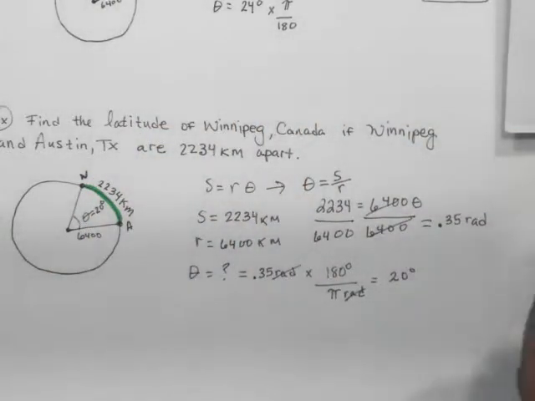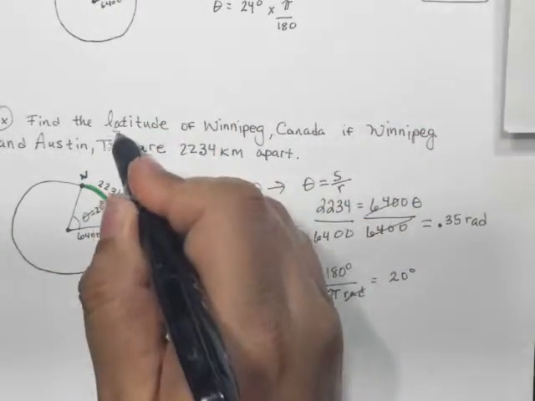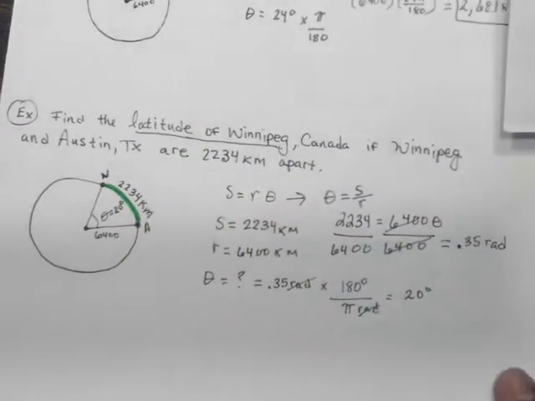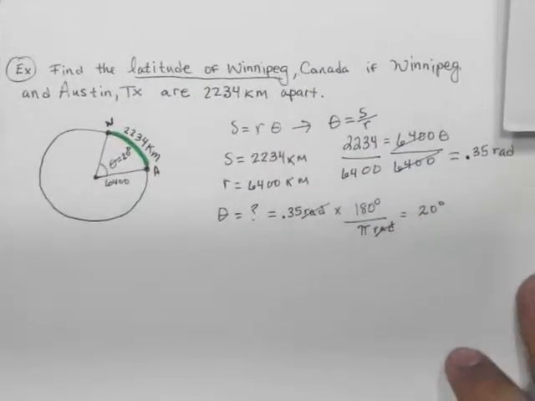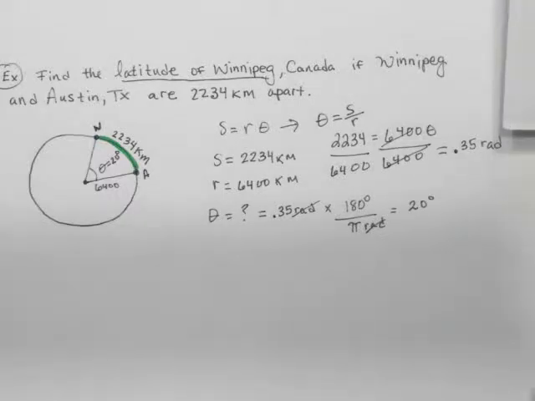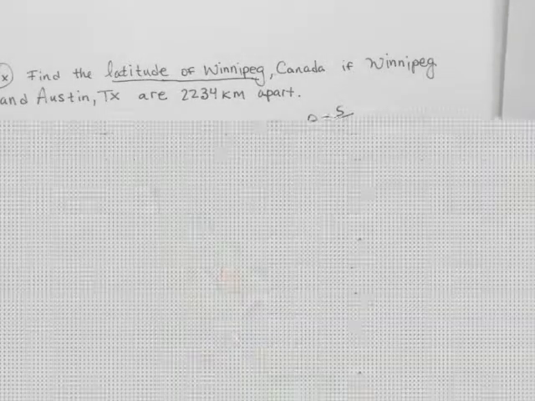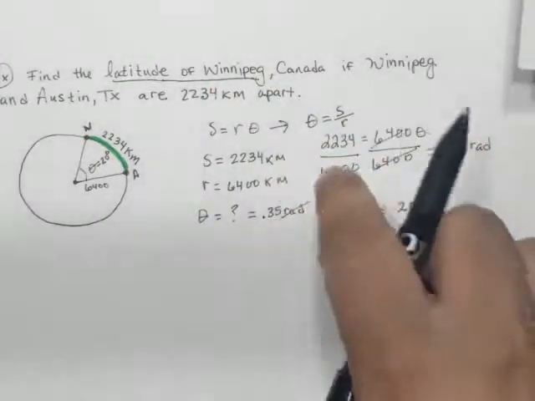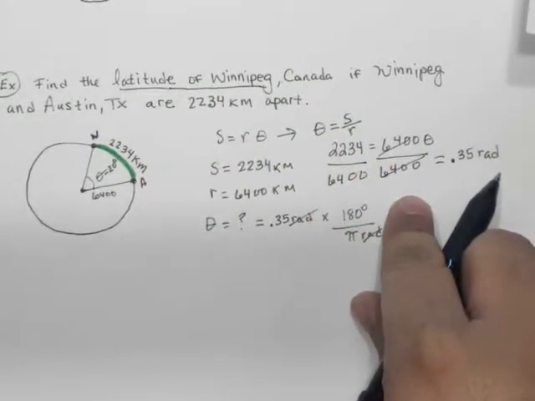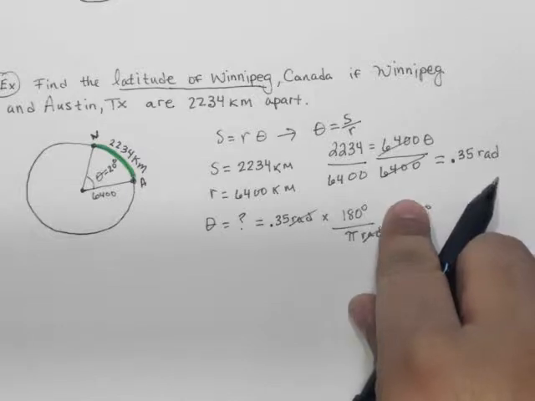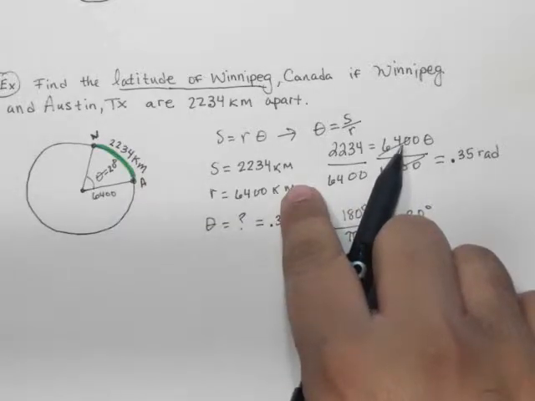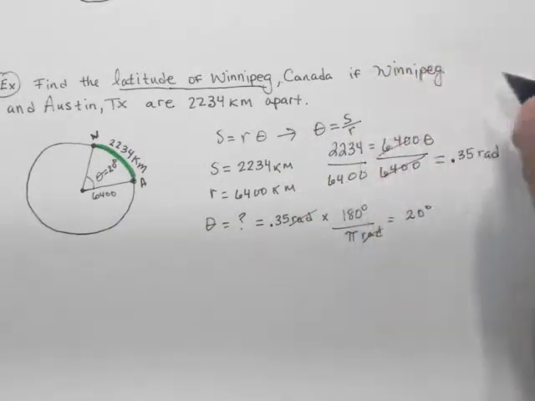But this still doesn't answer the question, because the question was, what is the latitude of Winnipeg? Well, this is actually not too terribly difficult now. Here is Austin, and we're going to put it on here. Austin happens to be, and it looks like I never wrote it down, sorry about that.